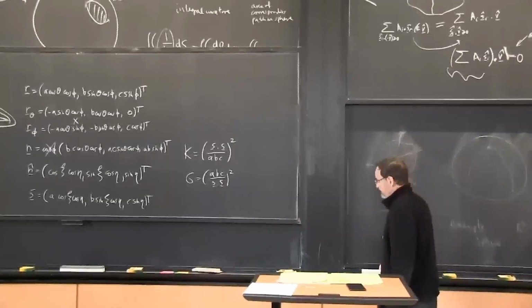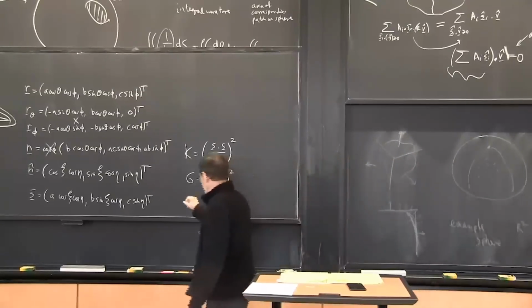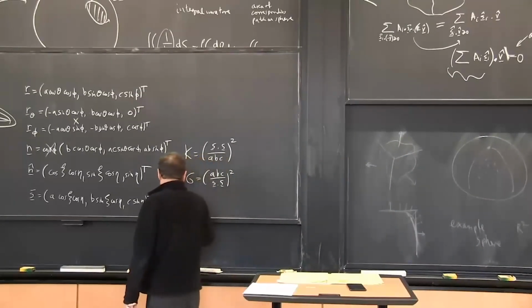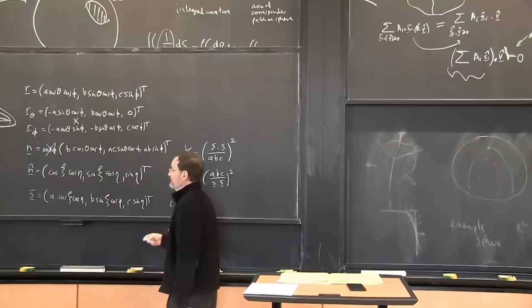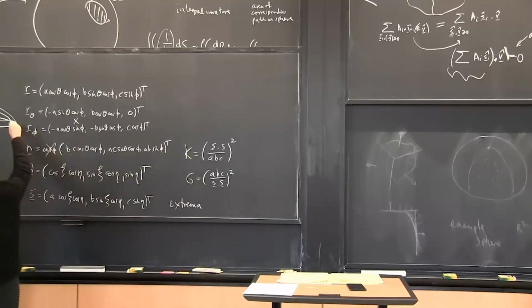So what does it look like? Well, the first thing to notice is that there are some extrema. No surprise, we expect that, you know, where these semi-axes hit the surface, those might be interesting places.